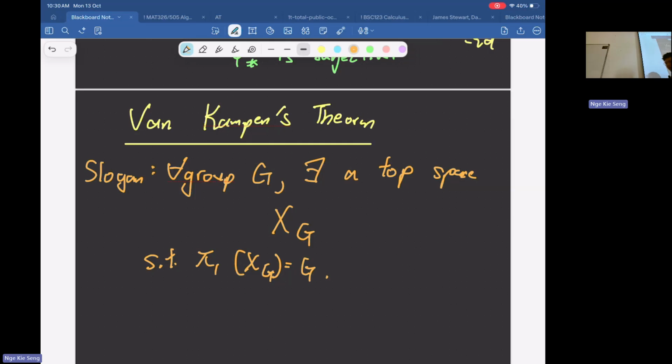Actually, you can teach abstract algebra using topological spaces. This is even more general because there could be different topological spaces that have pi_1 as G. They are not equivalent, I think.